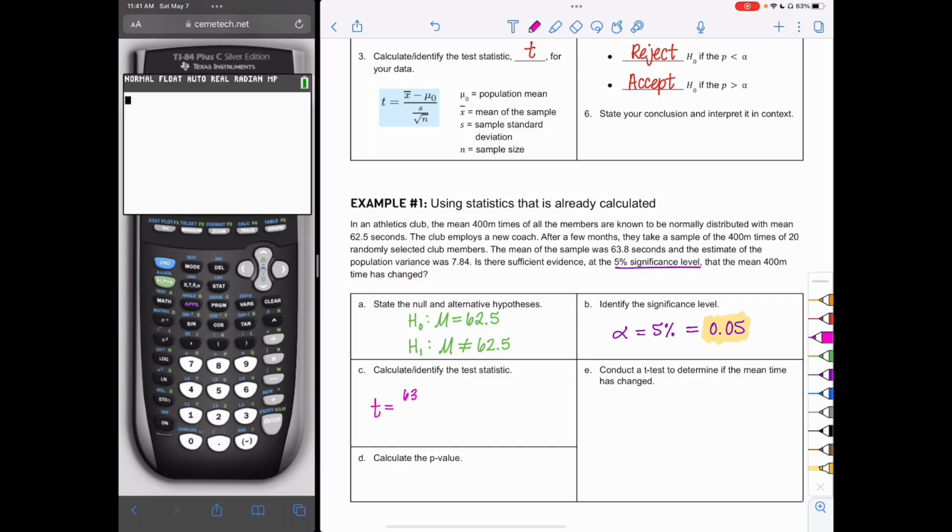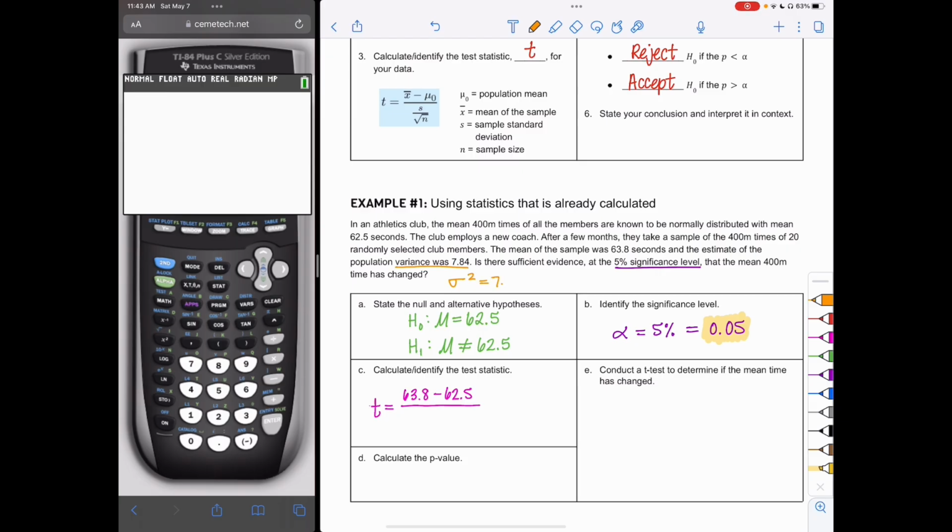So that's going to be 63.8, subtract the mean of the population, which we know is 62.5, and we're going to divide by the standard deviation from the sample. We see that they didn't give it to us. They gave us instead the variance.